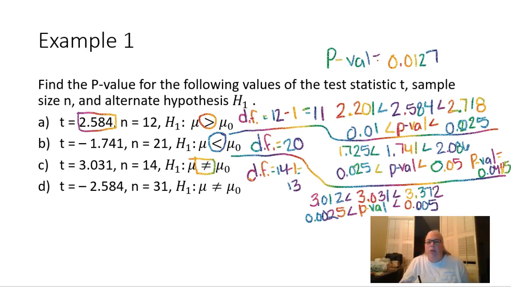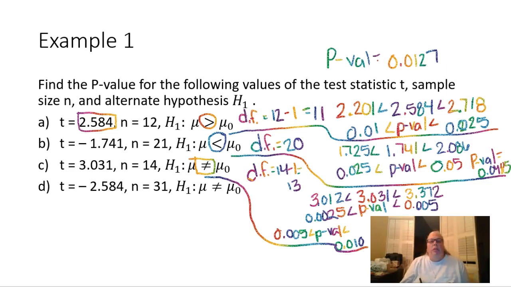So let's see, 0.0025. If we put that in the calculator, that's going to give us 0.005. And then when we double 0.005, that's going to give us 0.010. So the p-value for this particular test should fall between 0.005 and 0.010.